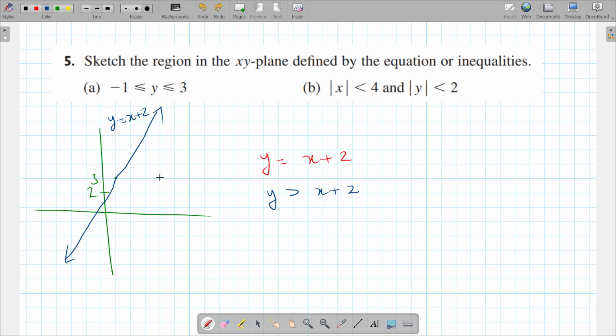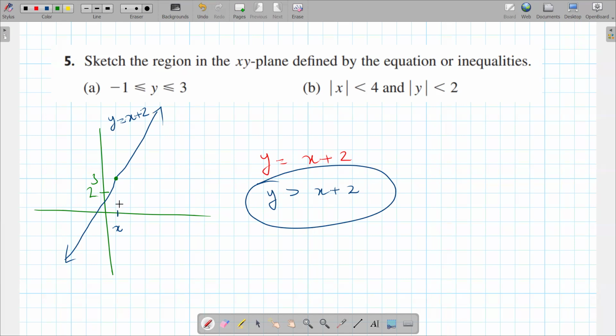What you want to think about is, let's say for this x value, my equation requires my y value to be bigger than this straight line. It requires my y value to be higher than the straight line, not lower. Right now, my y value at this point is 3. I need my y value of the inequality to be bigger than 3.